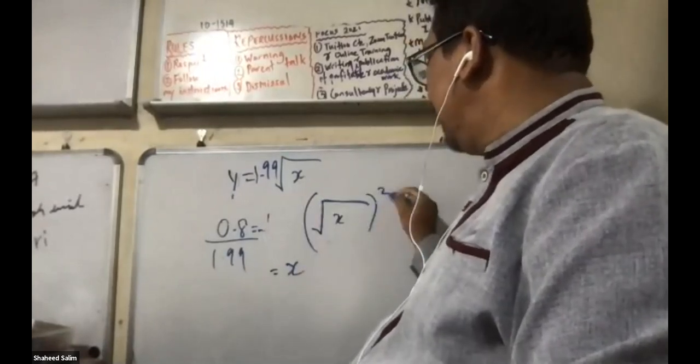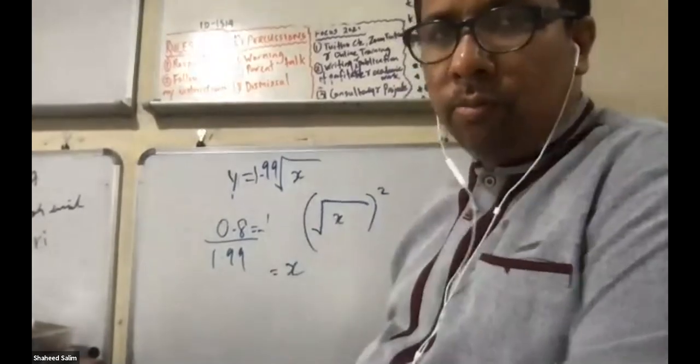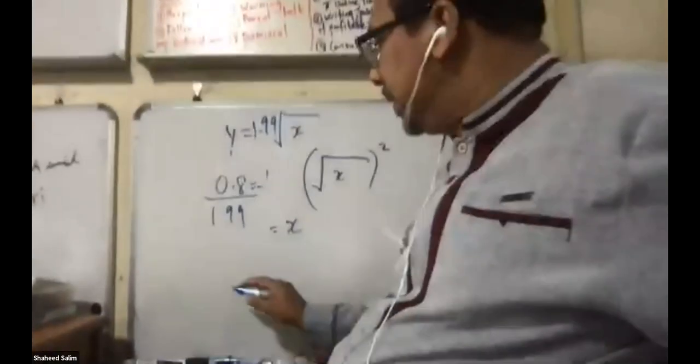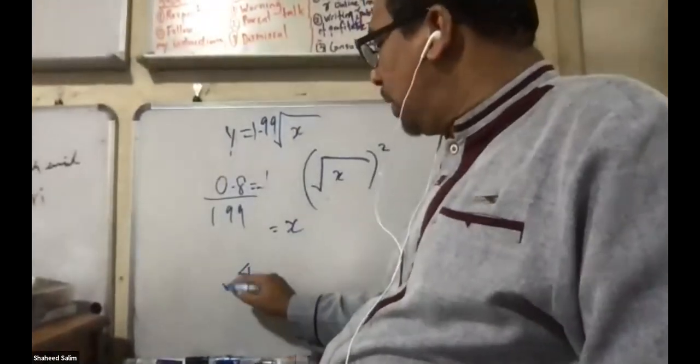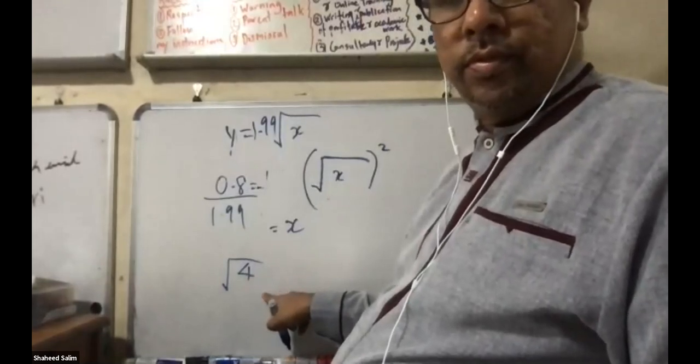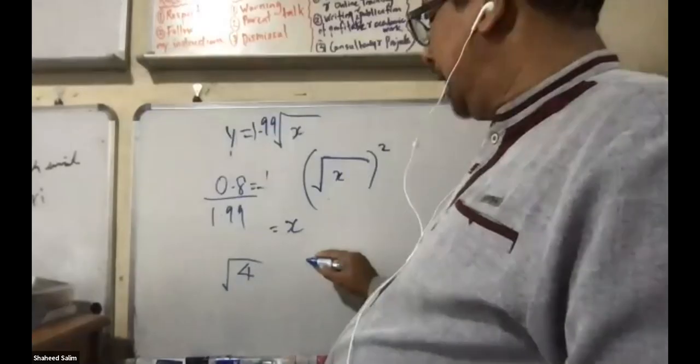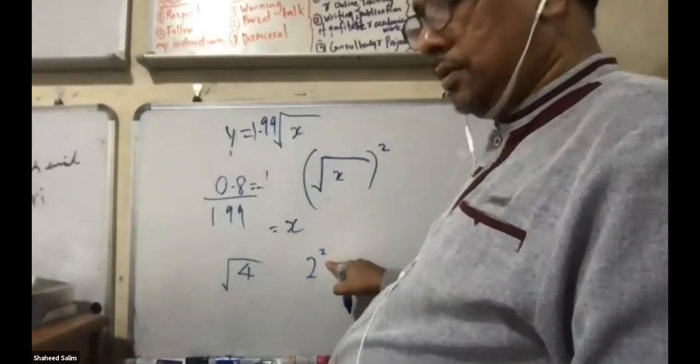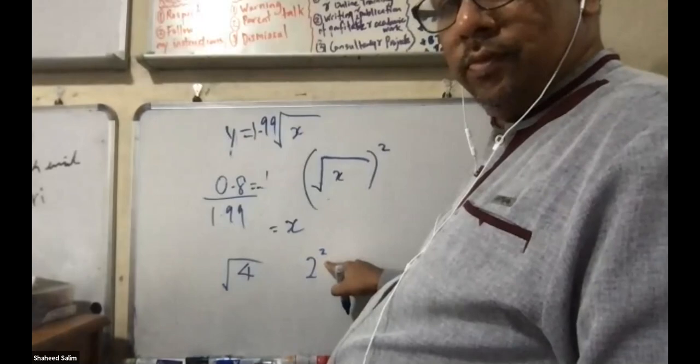When I square it, it becomes x. Do you remember? We went through one of the lessons. Square root of 4, what's the answer? 2. Square of 2 is what? 4.